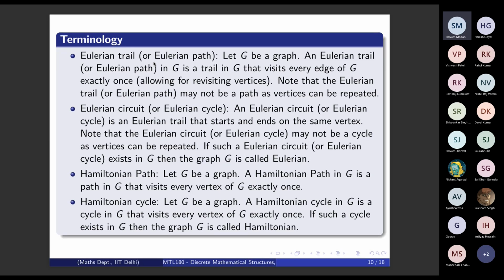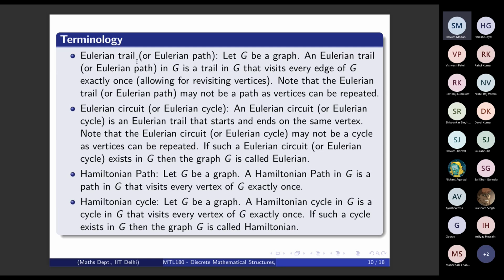Now there are two more terms that are very useful. One is Eulerian trail. It is better to read it as Eulerian trail, not Eulerian path. I generally avoid that term because this is not actually a path. So it is better to practice reading Eulerian trail.